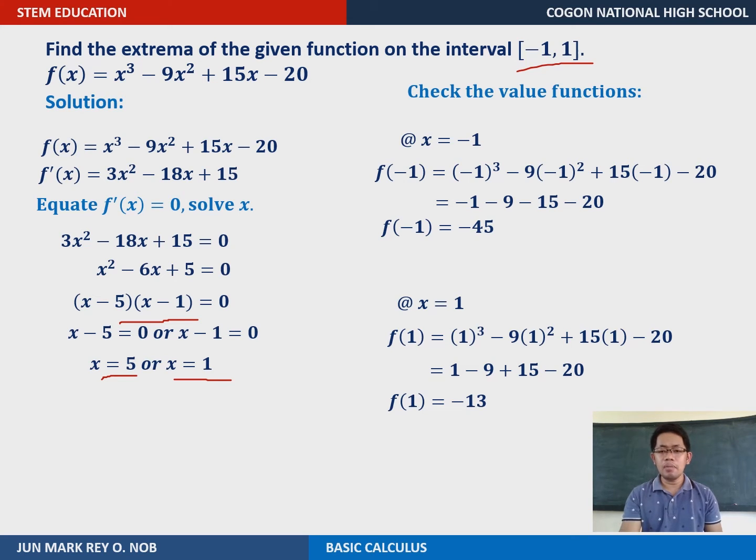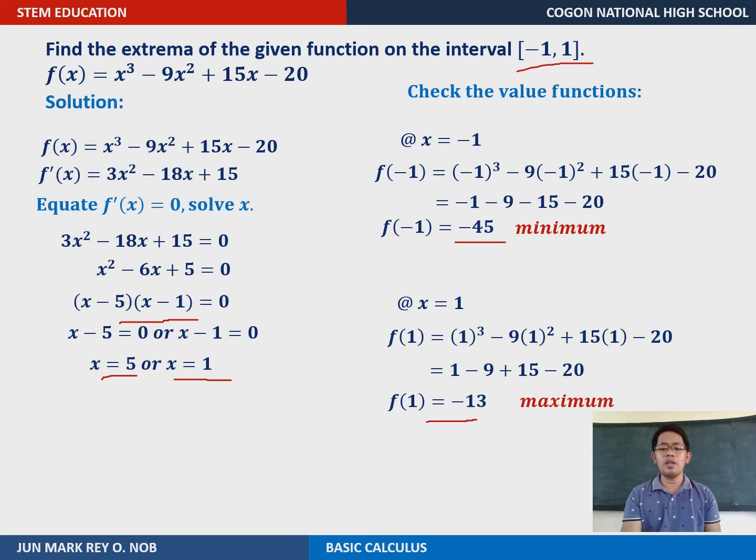So at this time, let's find out which is the maximum and which is the minimum. Of course, -13 is the maximum value and -45 is the minimum value. Meaning to say that the function attains its maximum value of -13 whenever x is equal to 1.